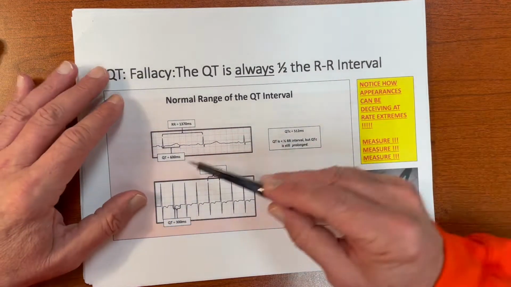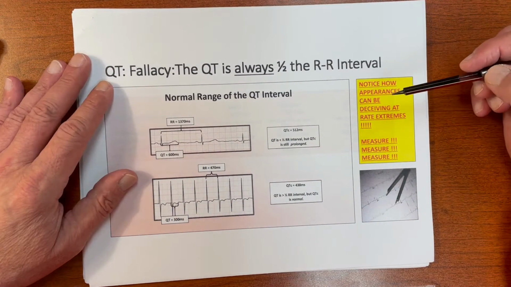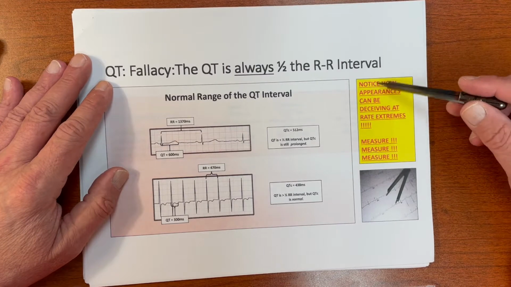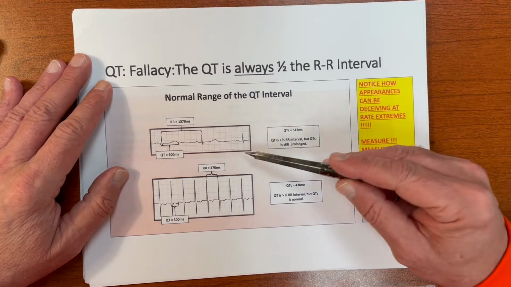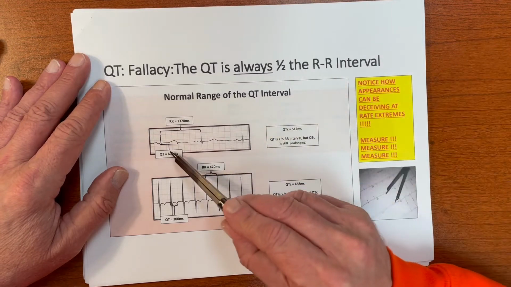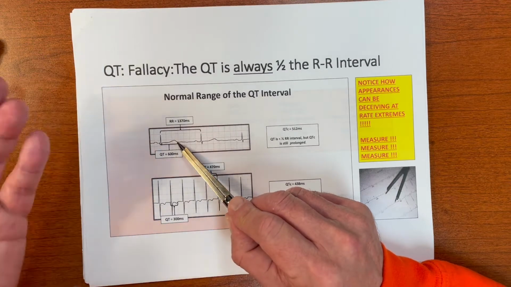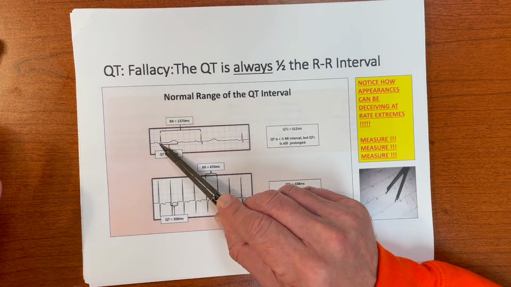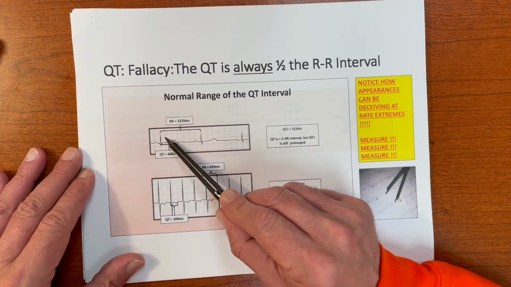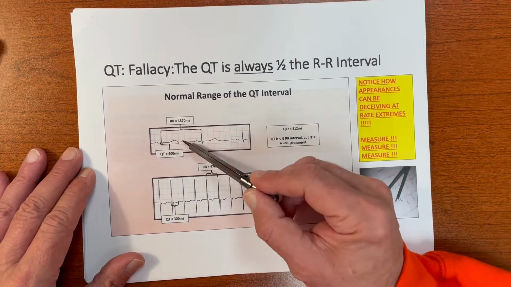If it was greater than that, it would be abnormal. But notice how at extremes, really tachy, really brady, eyeballing the beginning of the Q to the end of the T, it's half of the RR, you would say that would be normal.